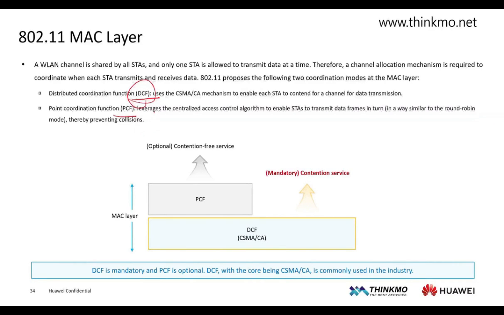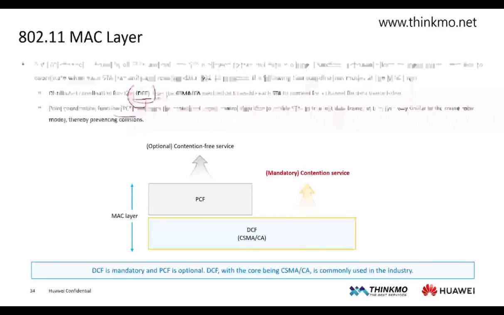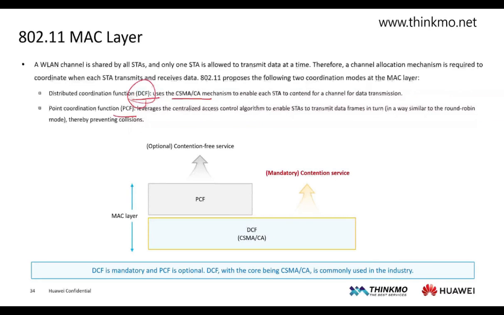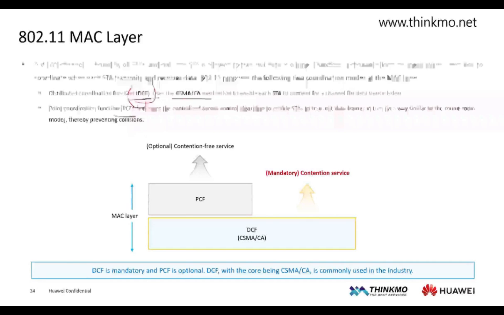DCF uses the carrier sense multiple access with collision avoidance protocol, also known as CSMA/CA. Under this mechanism, each station needs to compete for the channel's usage rights before sending data. Specifically, if a station wants to send data, it first needs to check if the channel is idle.